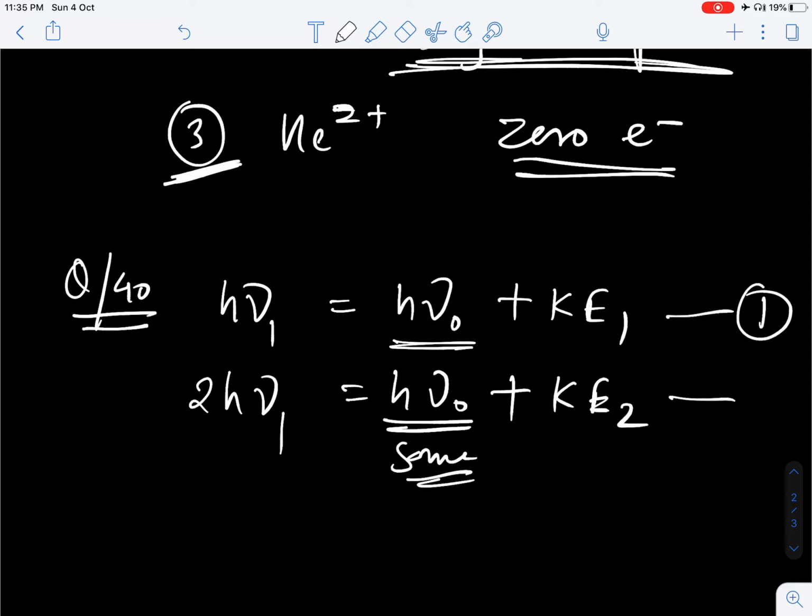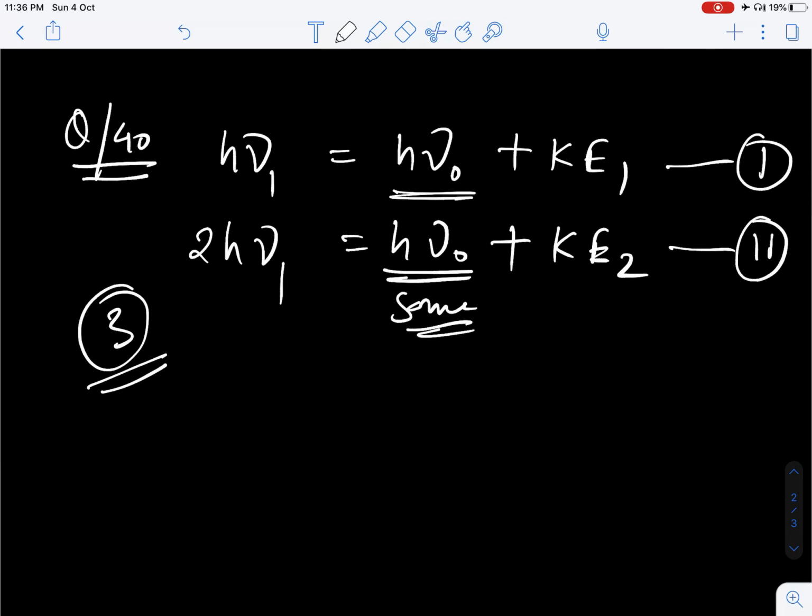So these are two equations. By seeing these two equations we can directly say that the kinetic energy of the photoelectron will increase, but by more than double the previous kinetic energy. From these two equations we can easily figure out that option 3 is correct.